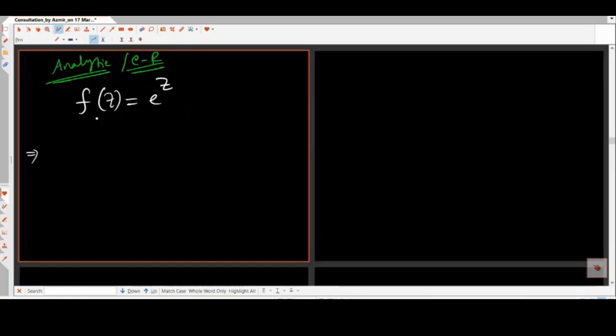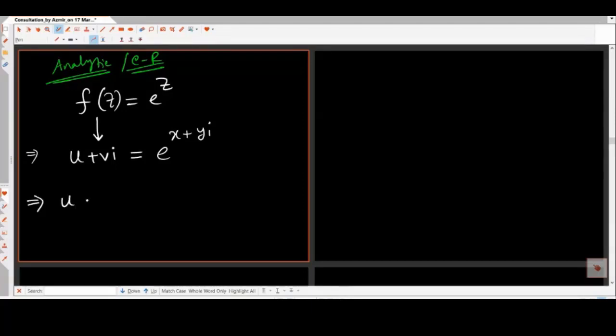So we can easily write f of z as u plus vi. And on the right side, we have e to the z. So we know that z is x plus yi. So we are writing like this. Our target is to separate the real and imaginary parts.